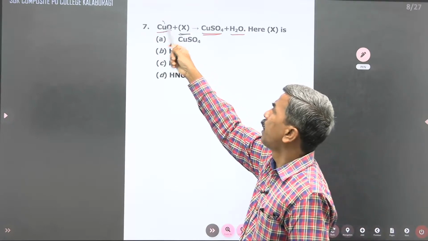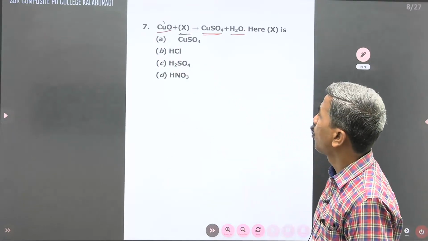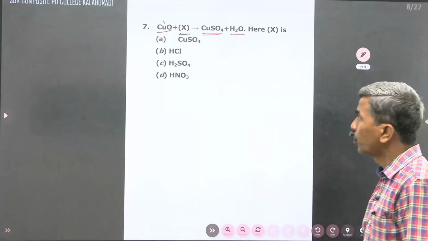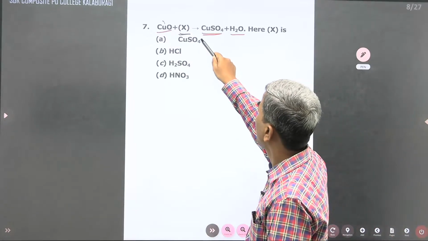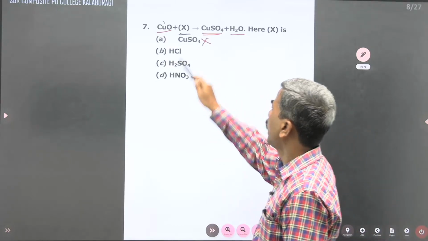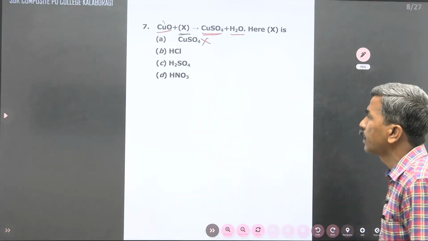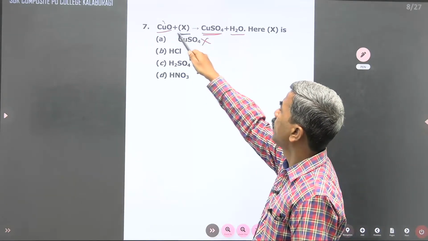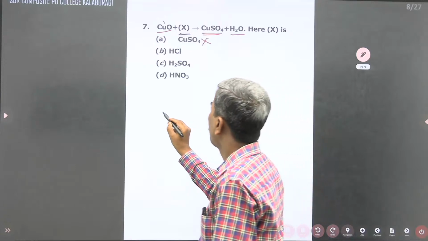Here the metallic oxide example is copper oxide. Of course, copper sulfate cannot be the acid, but hydrochloric acid, sulfuric acid, and nitric acid are all acids. You are supposed to check with copper oxide.